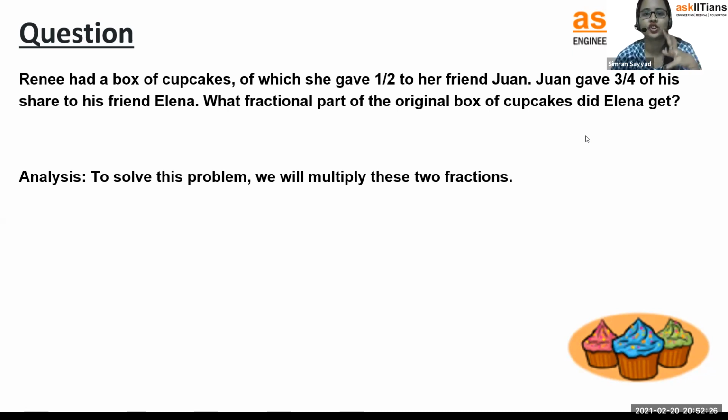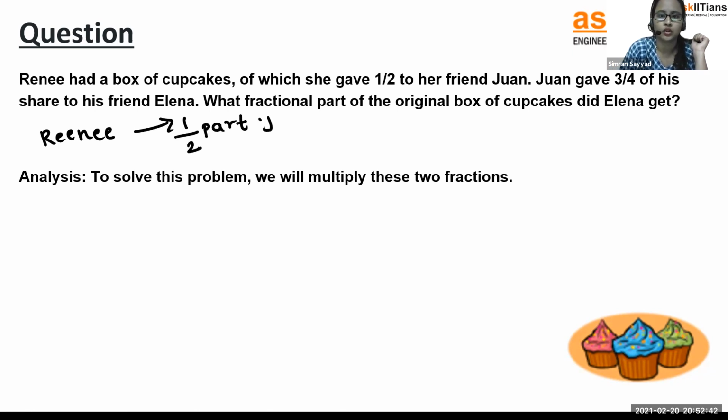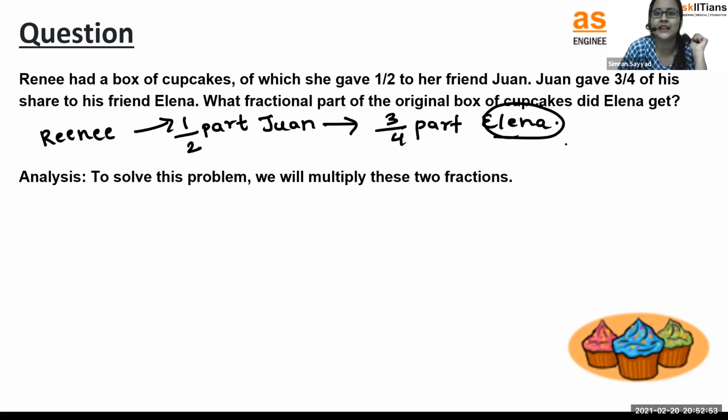What fraction of the original box of cupcakes did Elena get? First, it was with Reena. She gave one half part to Juan. Then Juan gave 3 by 4 part to Elena. So we have to calculate कि Elena को last में total how much she got.